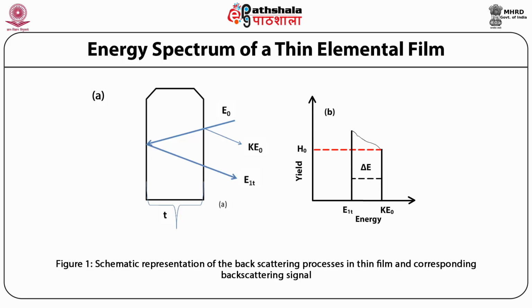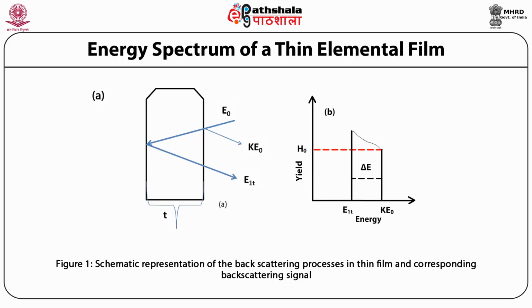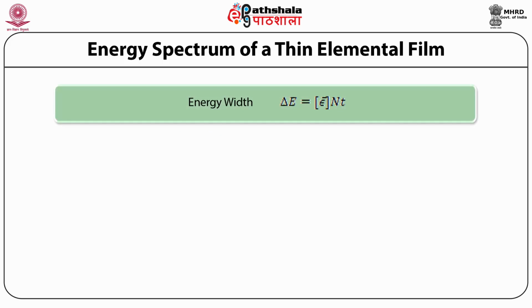Both the quantities are directly related to the number of atoms per unit area contained in the film. The schematic representation of the backscattering process in a thin film and the corresponding backscattering signal is plotted in figure 1. Energy width delta E between the high and low energy edges of the signal. As shown in figure 1, particles backscattered from the surface of the thin film have a kinetic energy of KE0, and those backscattered from atoms at the rear produce counts at an energy E1.